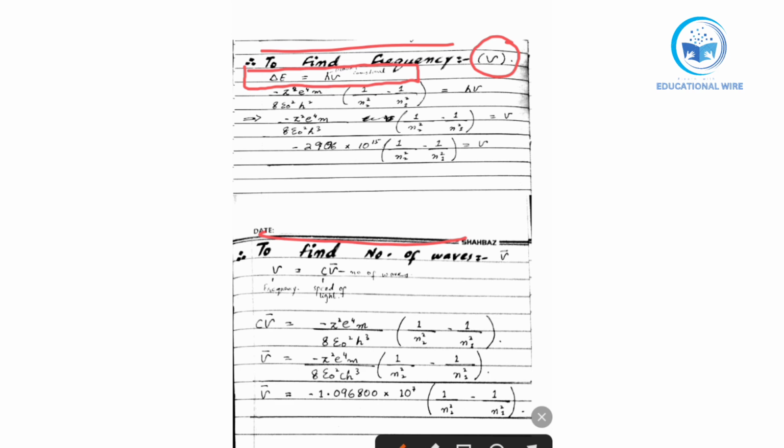After that we put in the value of the total energy, the energy between two energy orbits. h is the Planck constant, and the frequency will remain the same. Since h is multiplying over here, it will move over there and divide.